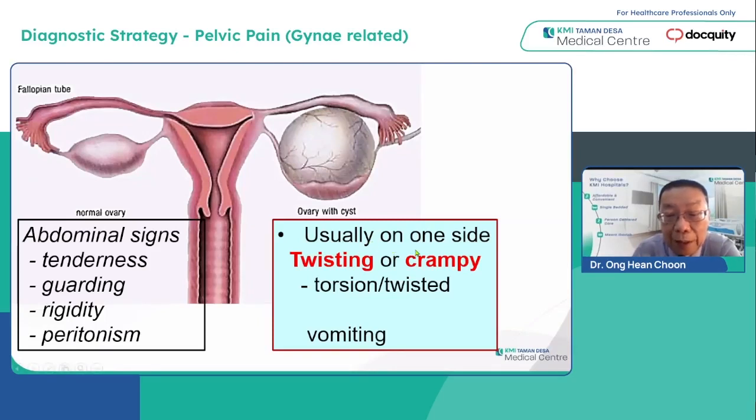Then you can make a diagnosis that possibly the cyst has twisted, especially if the pain is accompanied by vomiting. In this sort of scenario, you have to consider there may be torsion of the cyst, and these abdominal signs will still persist together with this.